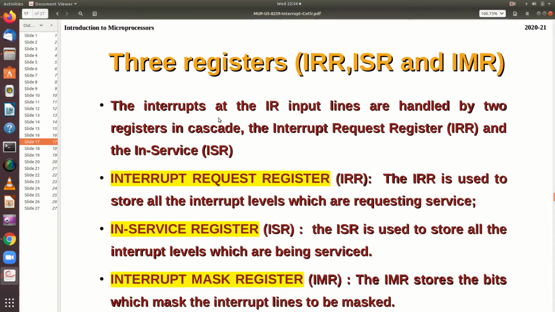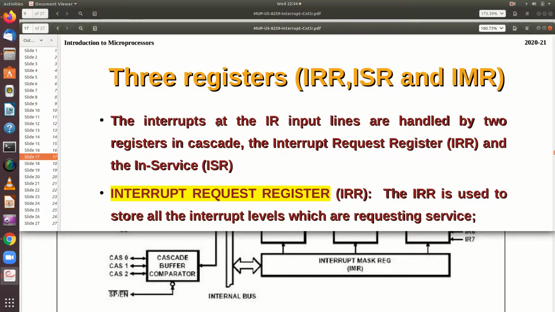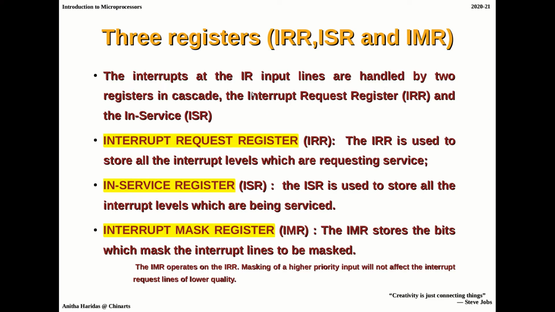The interrupts at the interrupt request input lines are handled by two registers in the cascade mode: the interrupt request register and the in service register. So these are the two registers which are used for handling the interrupts, especially in the case of cascade mode. Cascade mode is nothing but connecting more than one 8259A interrupt controllers.